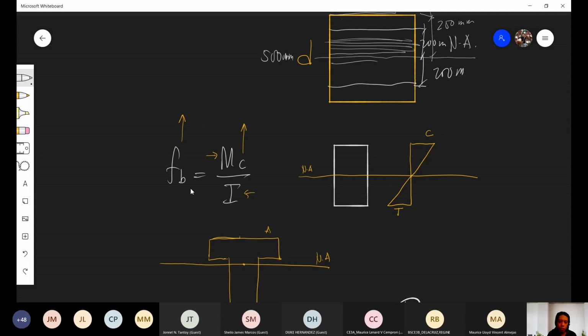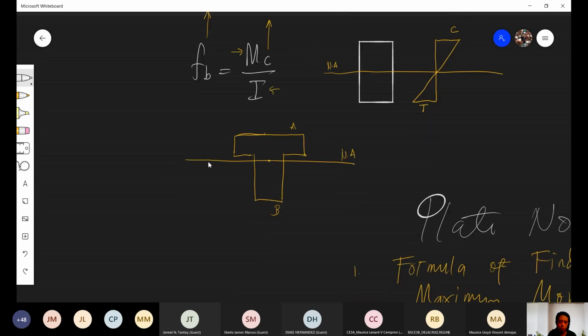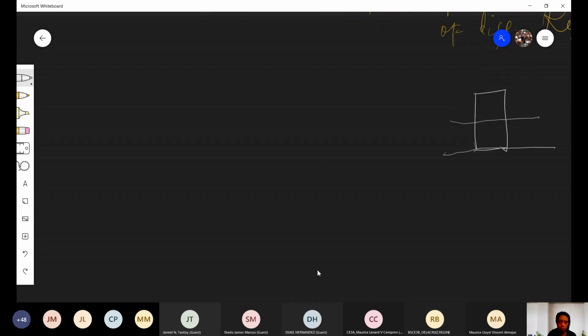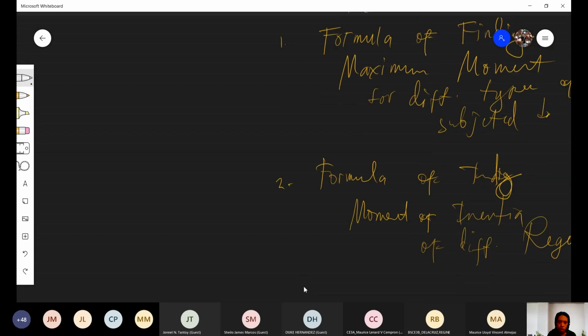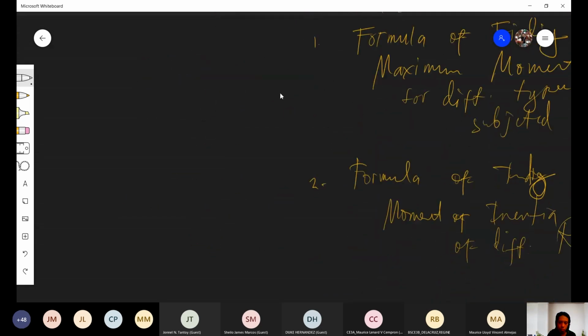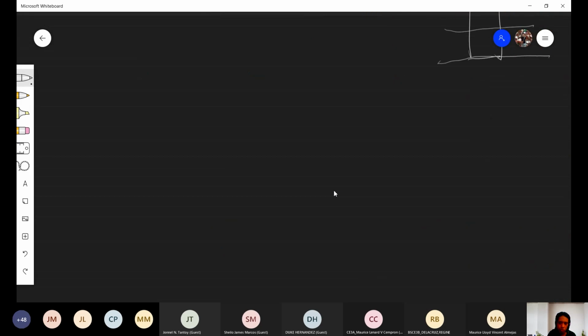Now, aside from the bending stress, let me open another topic. I will just explain what other type of stress the beam experiences when it is subjected to an externally applied load, as an internal reaction.